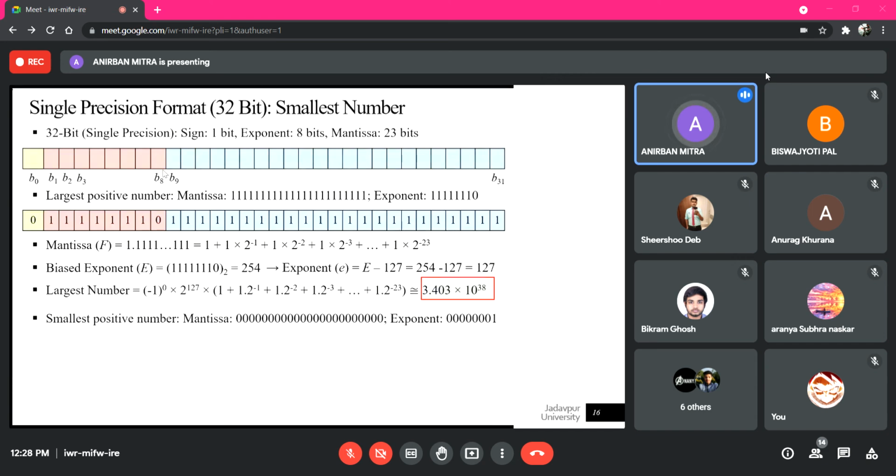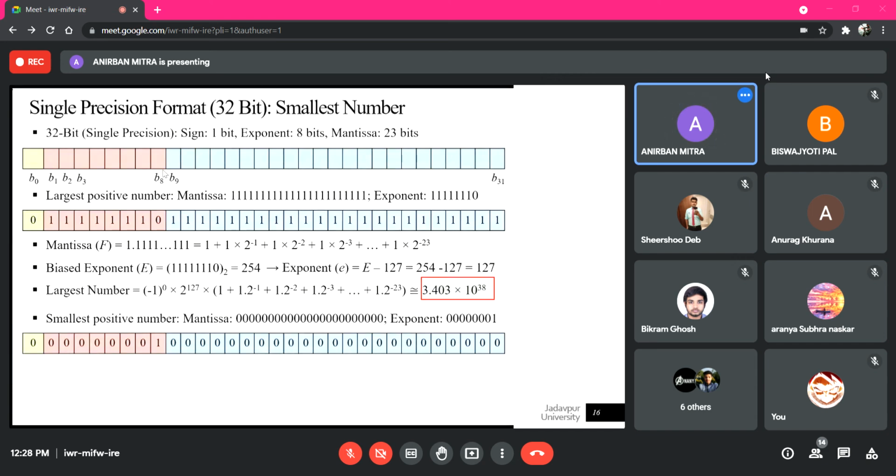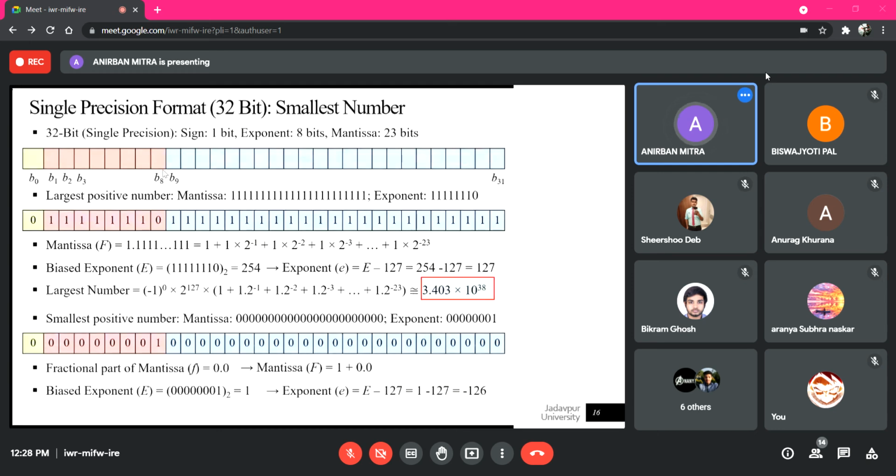We know how the calculation is carried out. First of all, the fractional part of the mantissa is 0 here because all the bits are represented by zeros. We have the significant bit as 1. So the decimal value of the mantissa would be 1. What about the exponent? The biased exponent is 1, of course. 7 zeros followed by 1 in binary corresponds to a value of 1 in decimal.